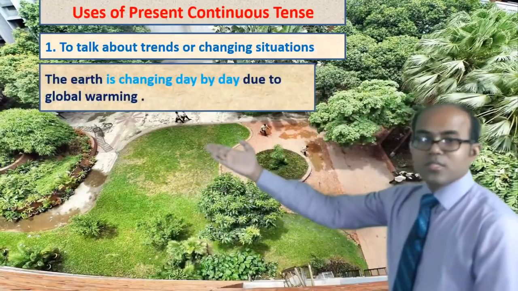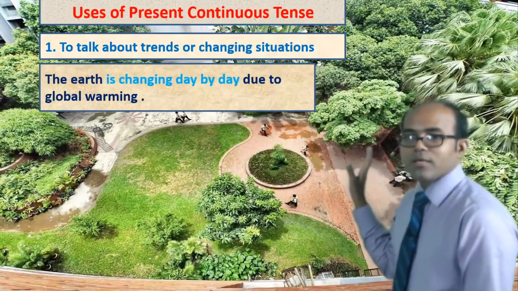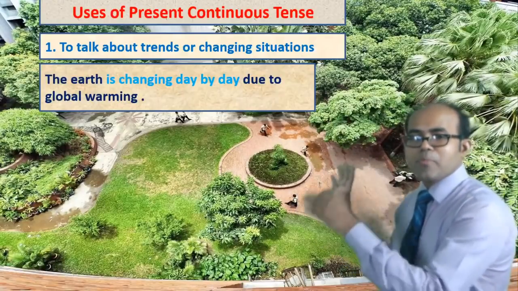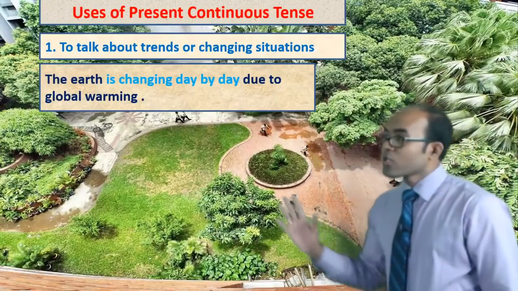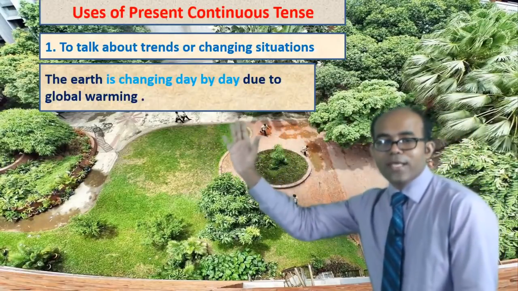Like the earth is changing day by day due to global warming. So there is a temporary change in the world. The words day by day are there, so I have used here is changing.